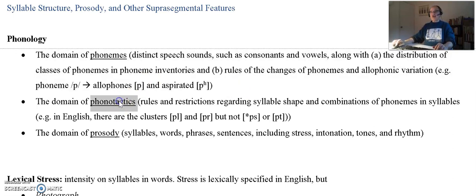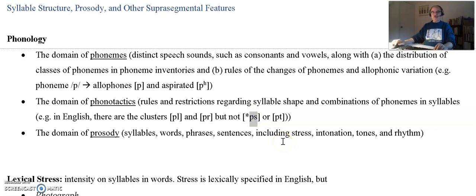We talked a little bit about phonotactics, and so you can see that word tactics, the strategies of sounds, right? Rules and restrictions regarding syllable shape and combinations of phonemes and syllables. So in English, we have, for example, the clusters at the beginnings of words, the pl consonant cluster and the pr consonant cluster, but we do not have ps.